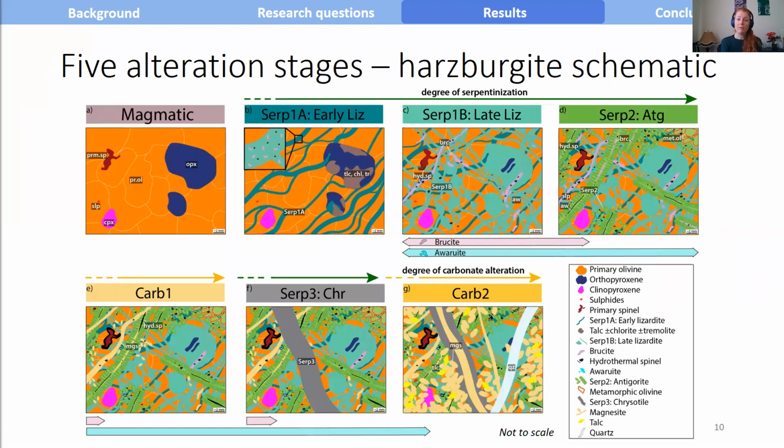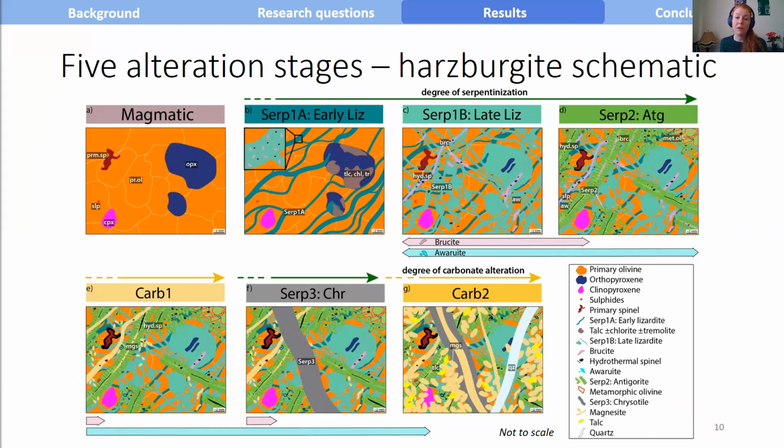So we combined a variety of methods, including petrography, mineral compositions, X-ray diffraction, thermogravimetry, Raman spectroscopy, and stable isotope analyses. And we found 5 distinct alteration stages: 3 serpentinization stages, SERP1, SERP2, and SERP3, and 2 carbonate alteration stages, CARB1 and CARB2.